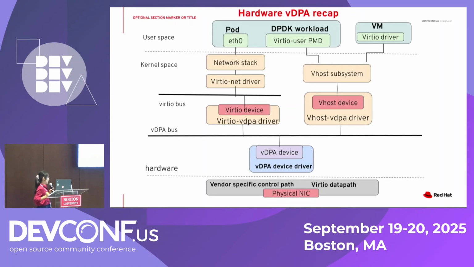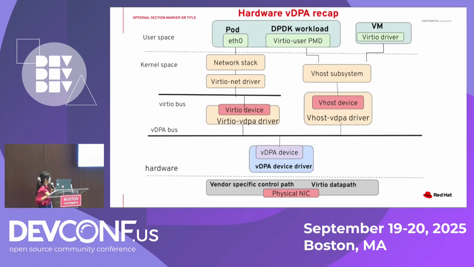In this setup, we can see the virtual datapath can be directly implemented in the physical NIC. But considering the virtual control path is hard to implement in the physical NIC, the vDPA kernel framework is introduced to translate the vendor-specific control path into the standard virtual control path.